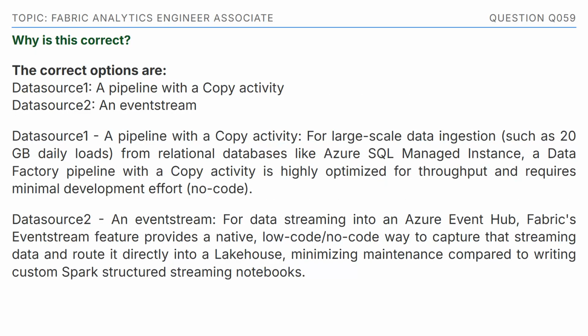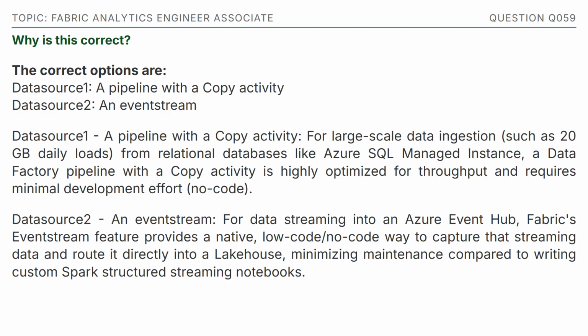The correct options are data source 1, a pipeline with a copy activity, data source 2, an event stream. Why are these options correct? Because data source 1, a pipeline with a copy activity, for large-scale data ingestion, such as 20 GB daily loads from relational databases like Azure SQL Managed Instance, a Data Factory pipeline with a copy activity is highly optimized for throughput and requires minimal development effort, no code.